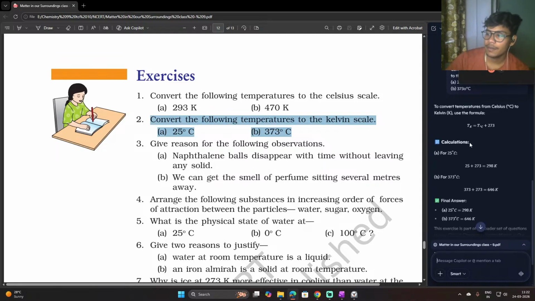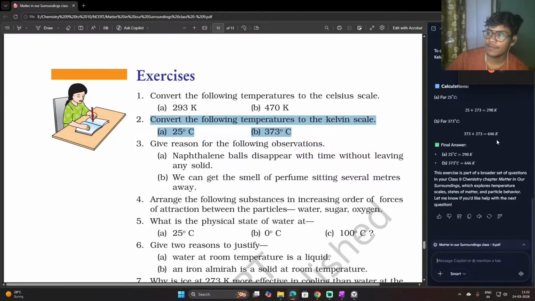Yeah, I'm right. You see, 298 and 646. As simple as that. Just add 273 to the Celsius value. If they're asking for Celsius from Kelvin, just subtract 273. That's the basic rule.